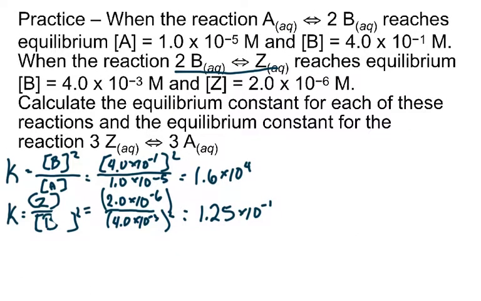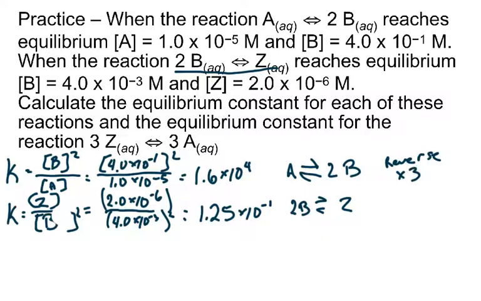So hang on, my first reaction, this is for A in equilibrium with 2B. Then my second reaction is 2B in equilibrium with Z. Now for both of these, I want A as a reactant, so I'm going to reverse and multiply by 3 for both of my equations there.